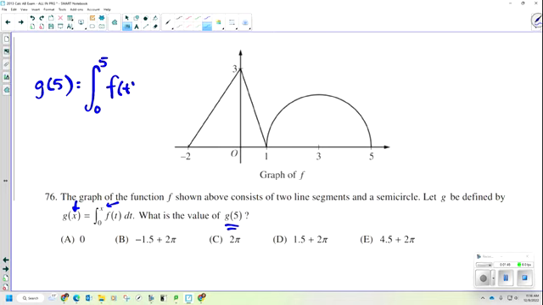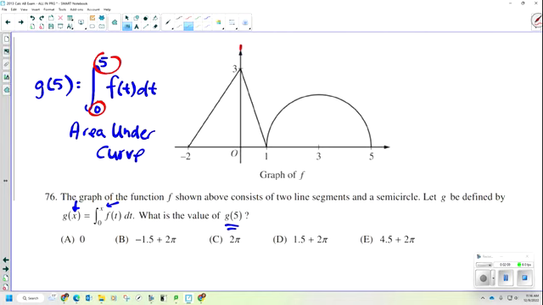And if we've learned anything about integrals, it's really just area under the curve. So the area under the curve from the 2 bounds, 0 to 5.